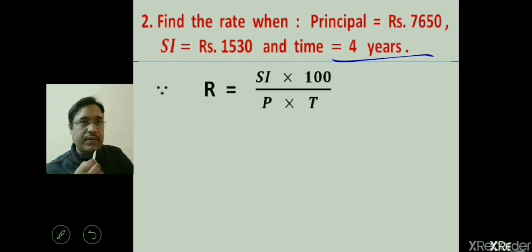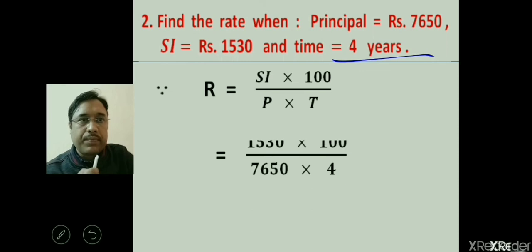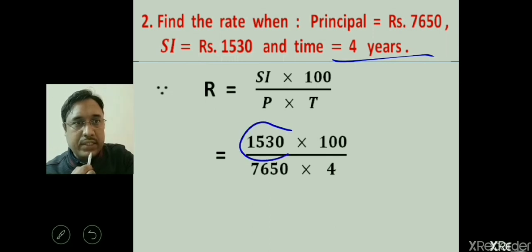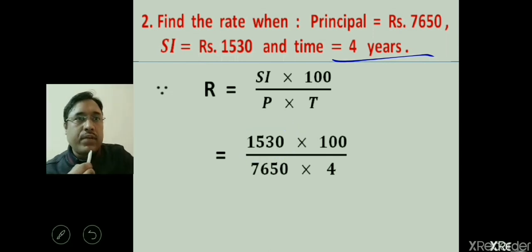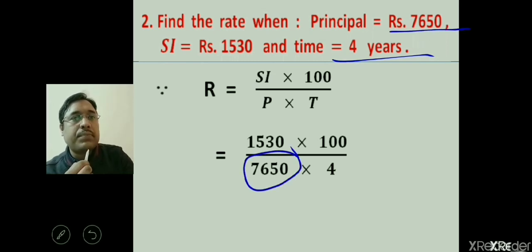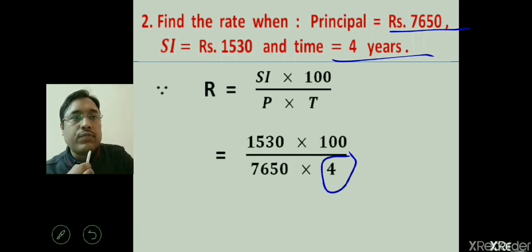You know the SI formula, and in that formula you make some changes to find this one. So put the value of SI, 1530. The principal value is 7650, and time is 4 years, so write the 4 years here.